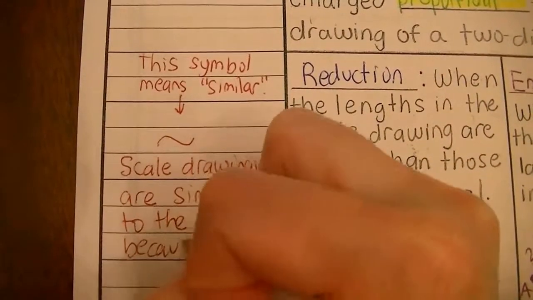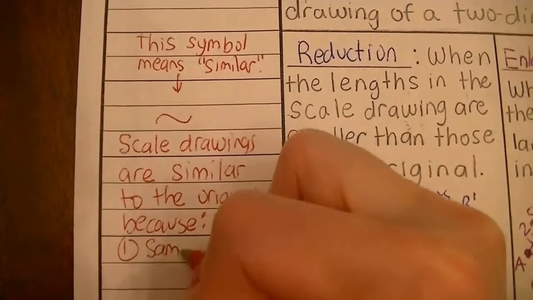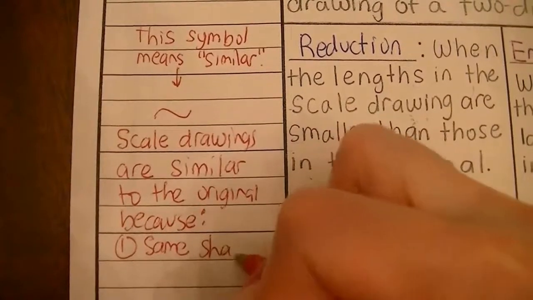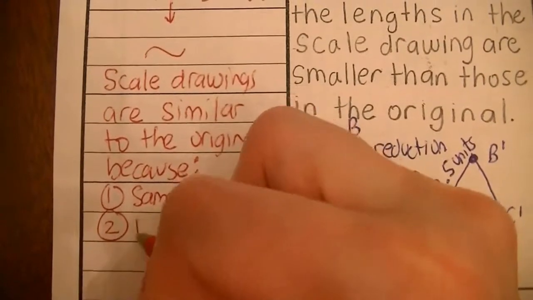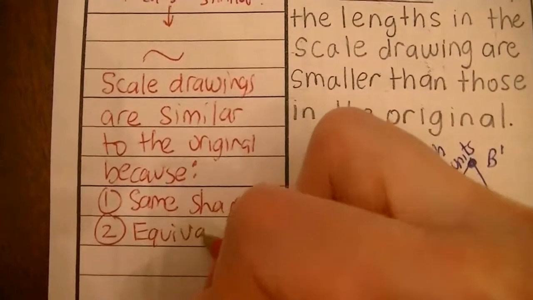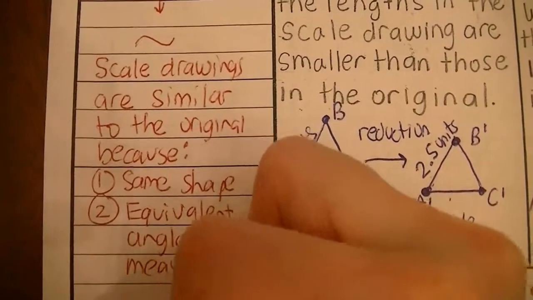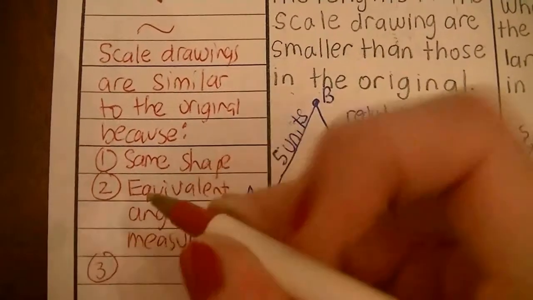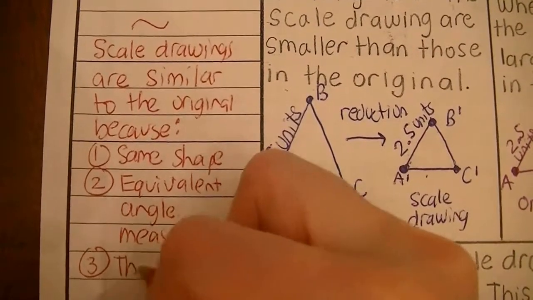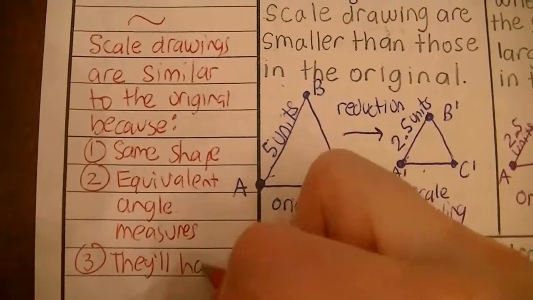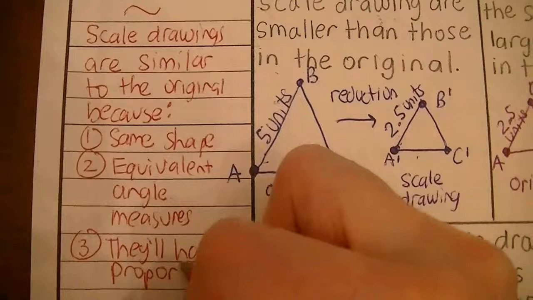Because they have to be the same shape or figure. They have to have equivalent angle measures. That means they're equal. And 3, they need to have proportional sides to the original. If they don't meet all 3 of the criteria, you can't call them similar.